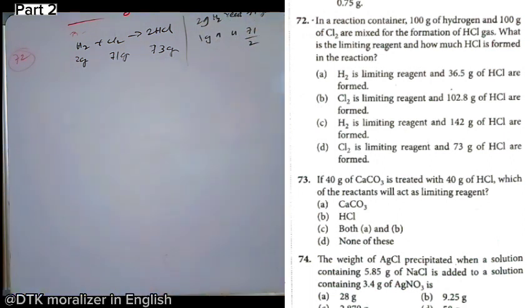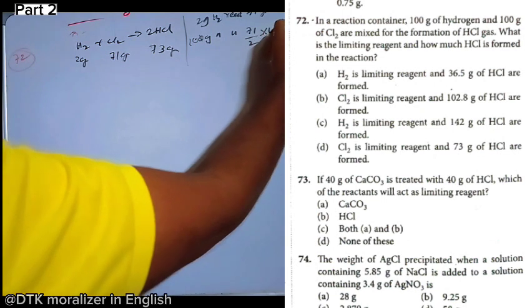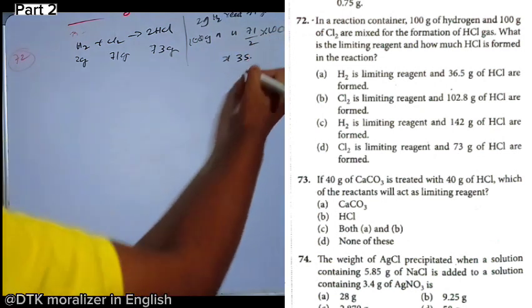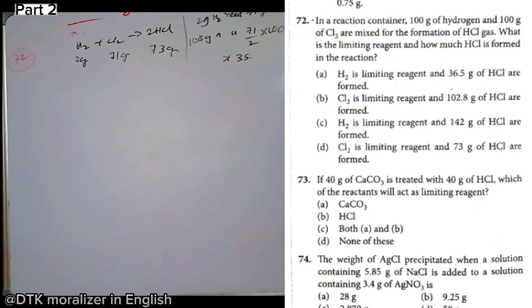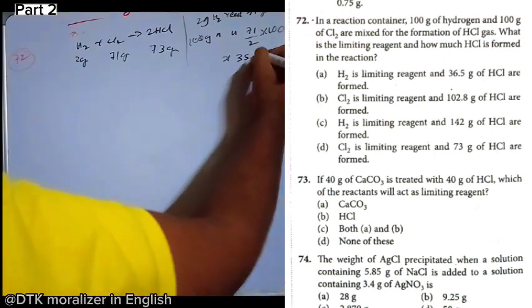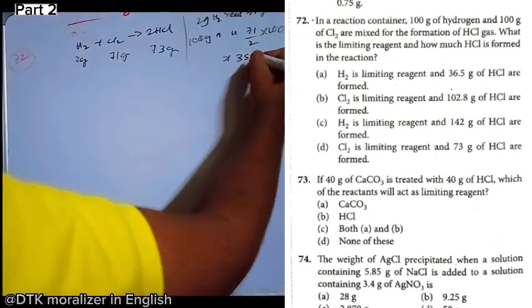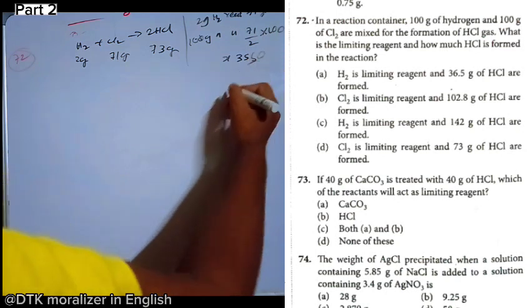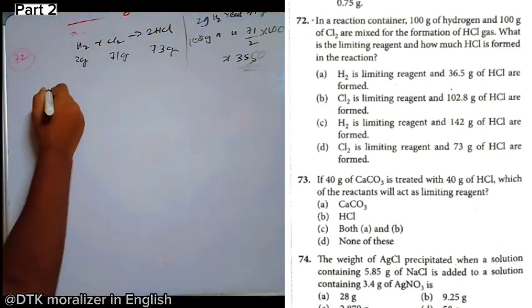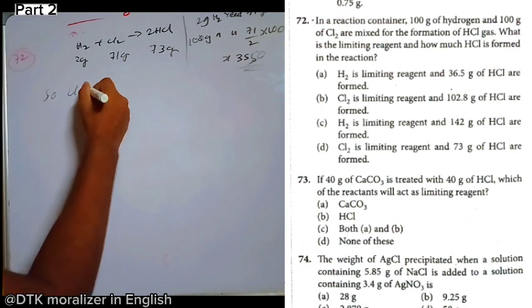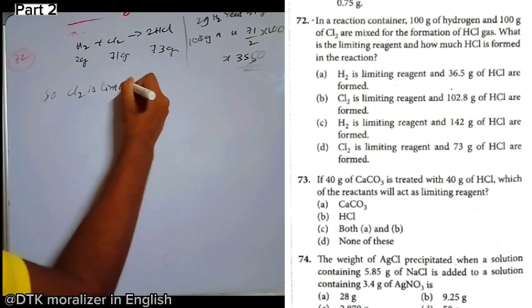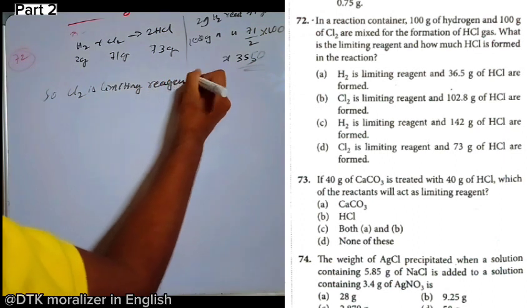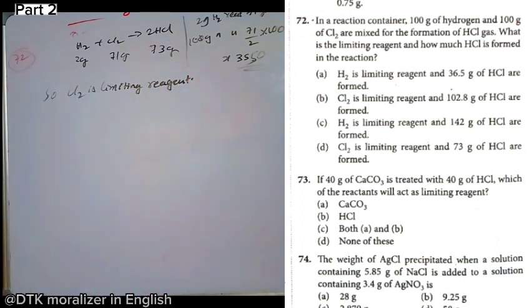As you can see, 2 grams of hydrogen requires 71 grams of Cl2. For 1 gram, it is 71 by 2. For 100 grams, it is multiplied by 100. So here 35.5, 3550. So Cl2 is the limiting reagent.